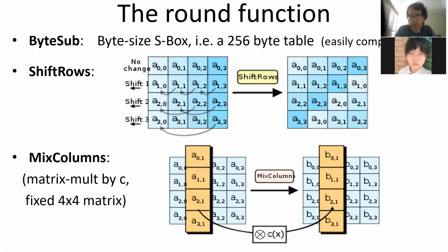But this is linear. So it is a mixture of linear operations, like this one and this one, because you can represent these rotations as a linear function, with non-linear operations like this one.